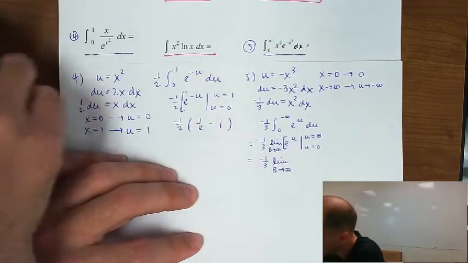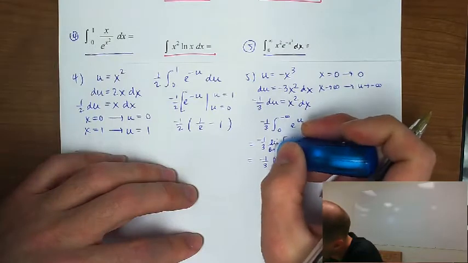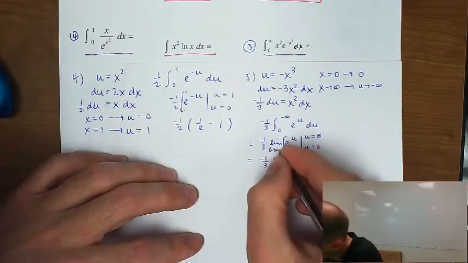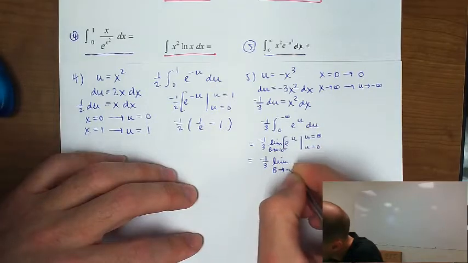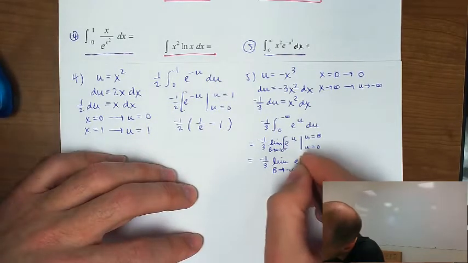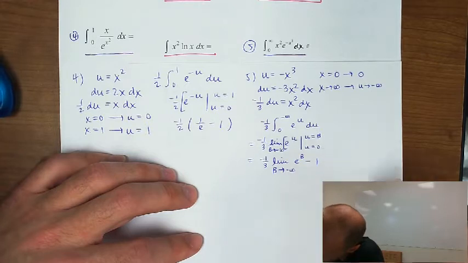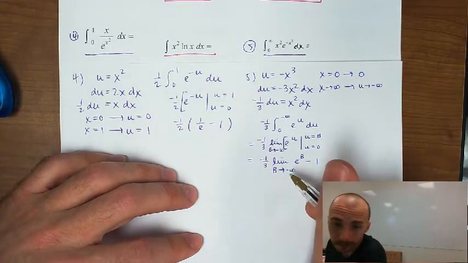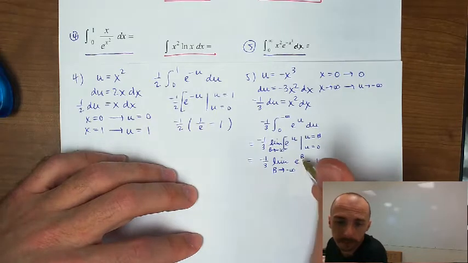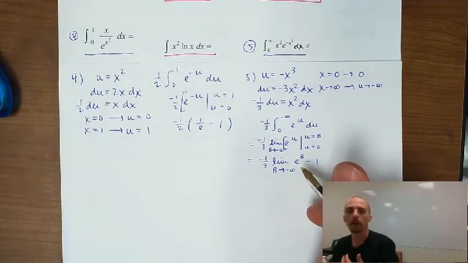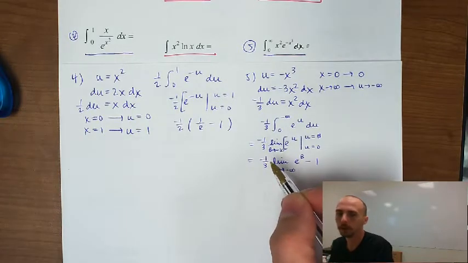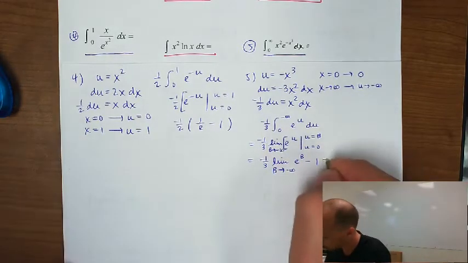Oh, I guess I'm approaching negative infinity, which is going to make a difference in this case, of e to the b minus e to the 0, which is 1. So as b goes to negative infinity, e to the b goes towards 0. I'll have 0 minus 1 multiplied by negative 1/3, so I think that'll be positive 1/3.